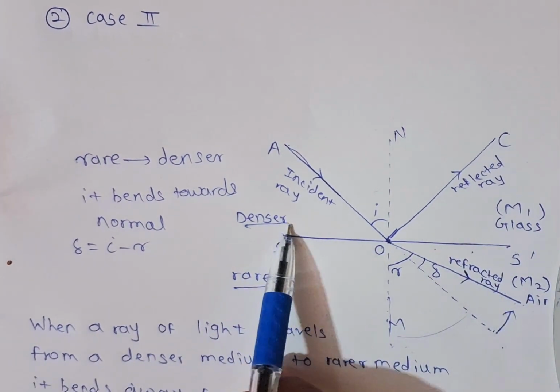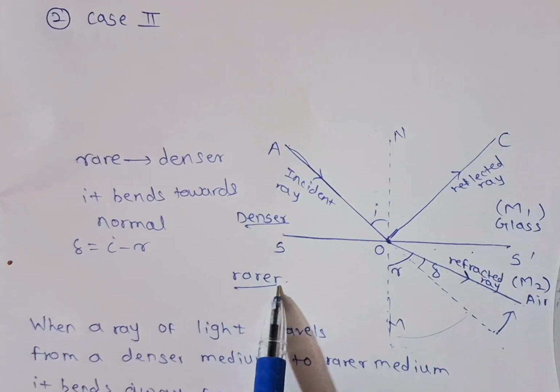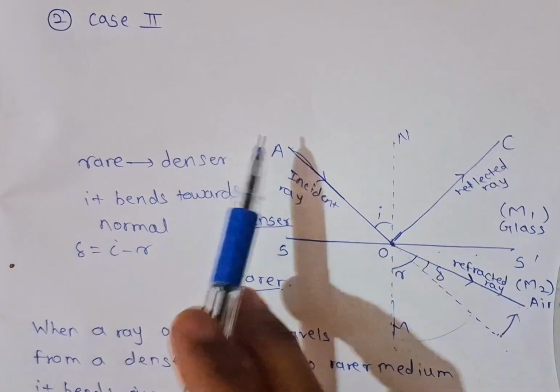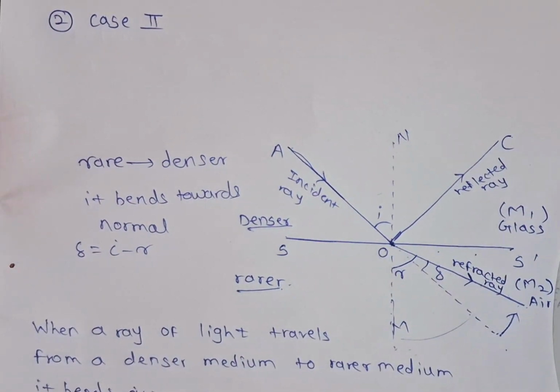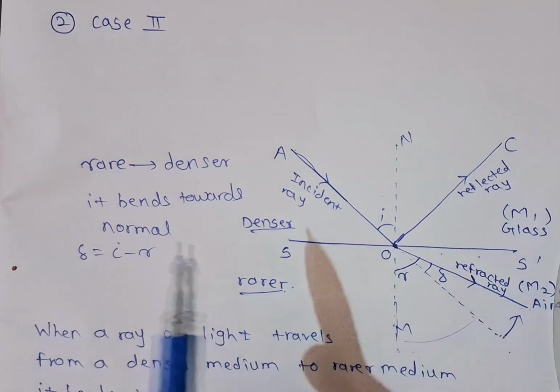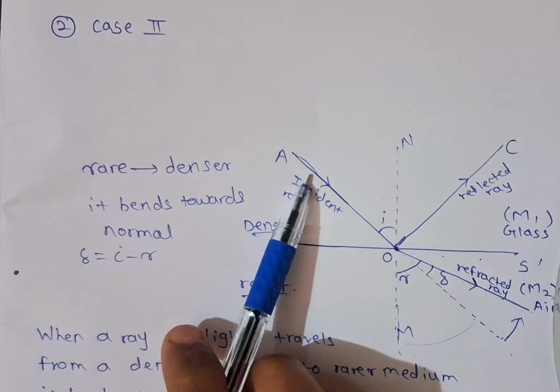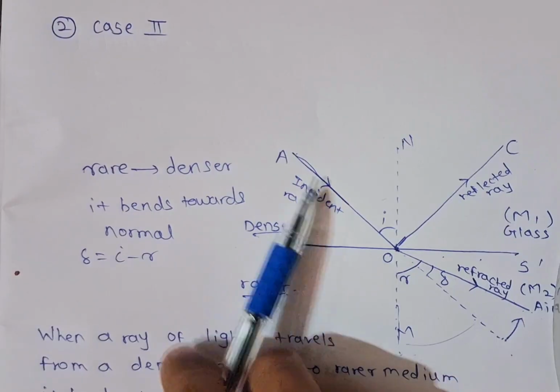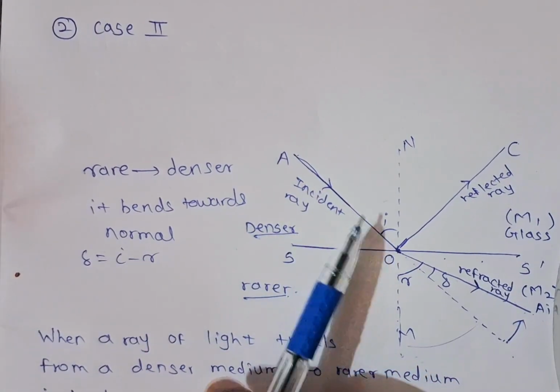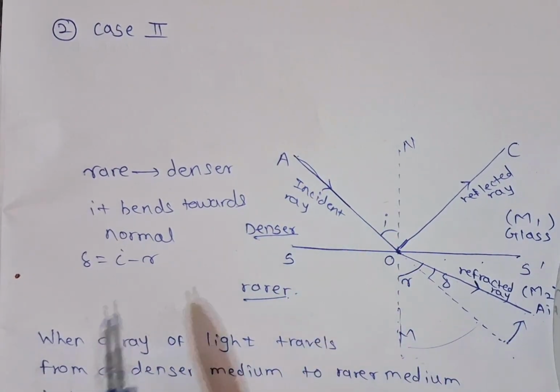In case 2, the light will come from the denser medium, same as the previous case.